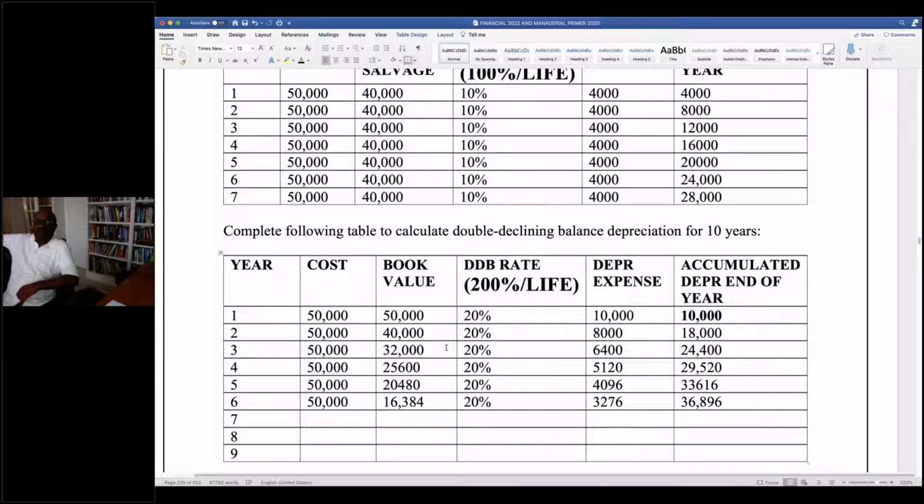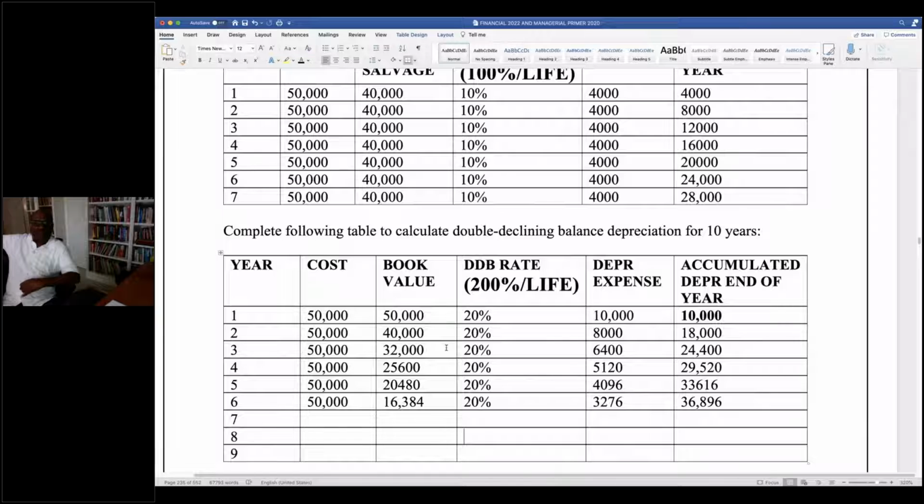Got it. Okay, I see. Just for clarification, so the accumulated depreciation at end of year minus the cost equals the book value? Correct. And then you multiply the book value by the DDB rate, which is 20%.